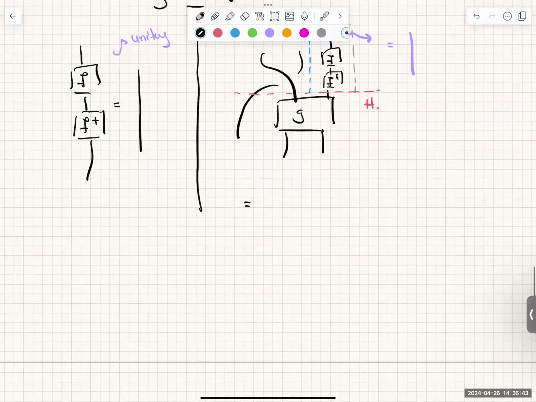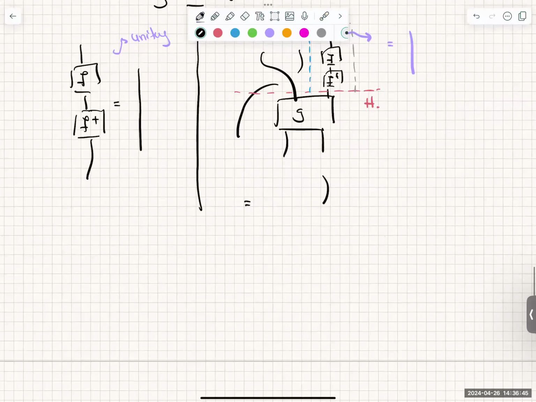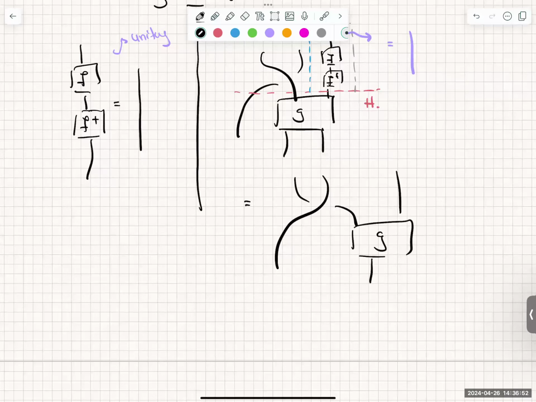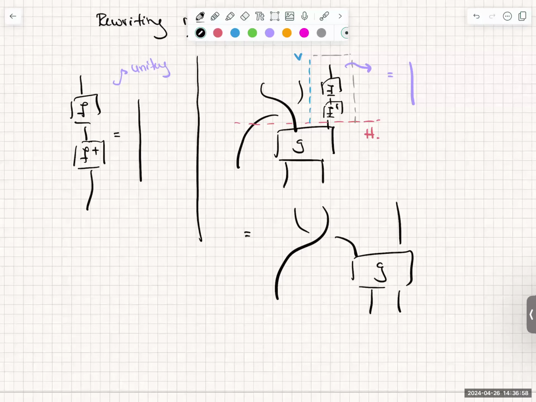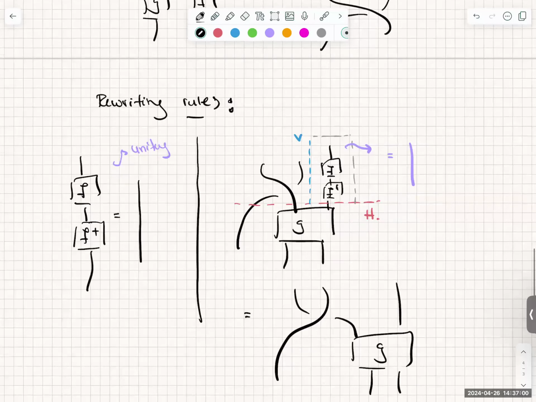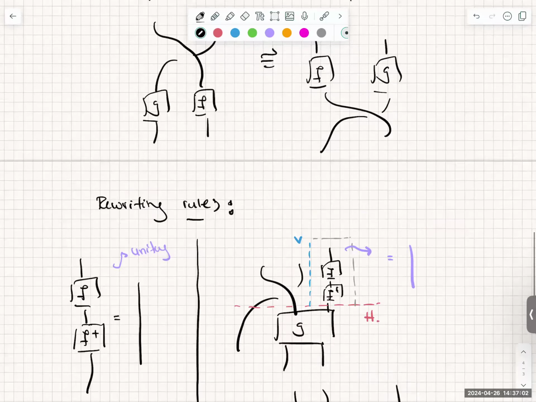So that this whole thing is actually just like this. I used a rewrite rule to simplify this according to the equations that I'm imposing.